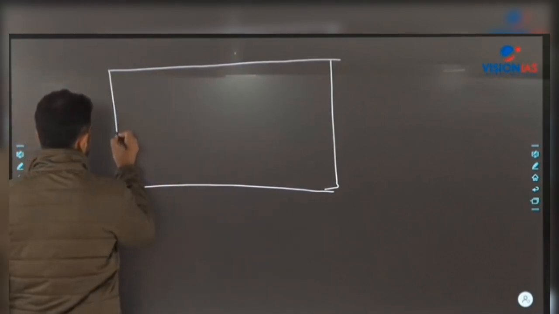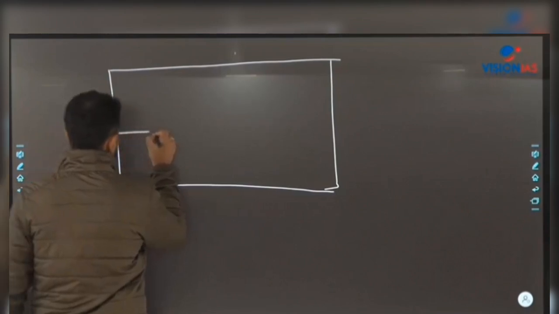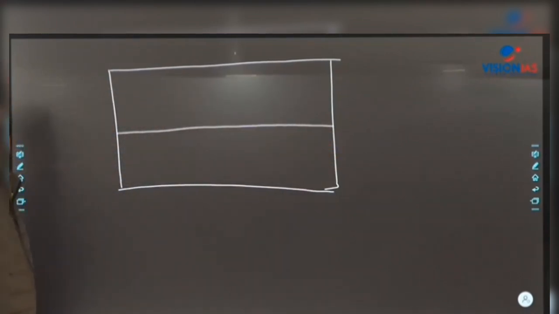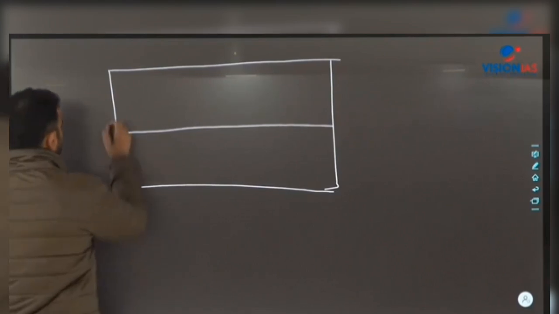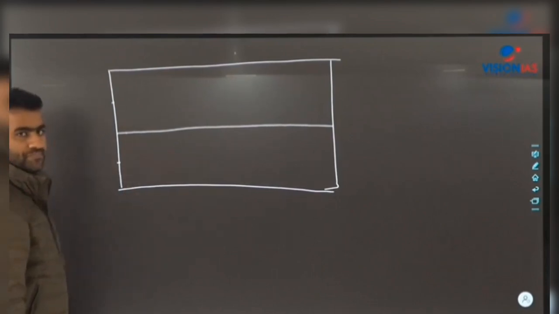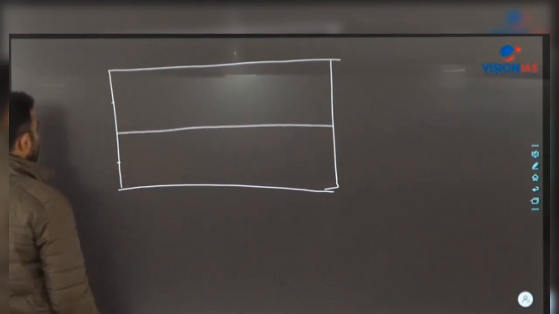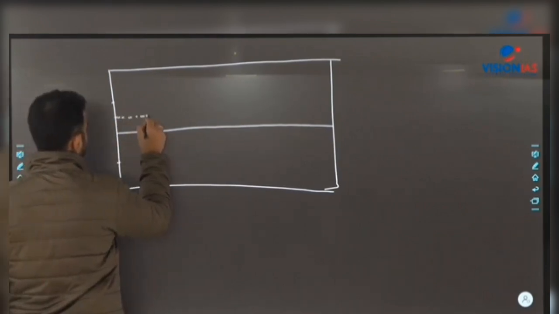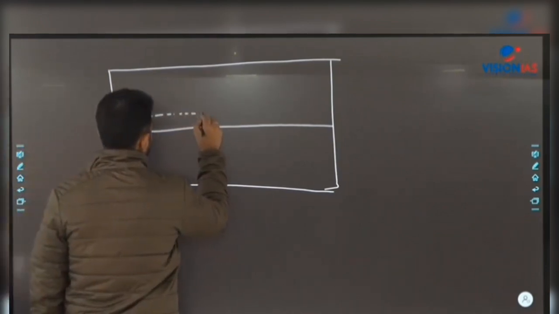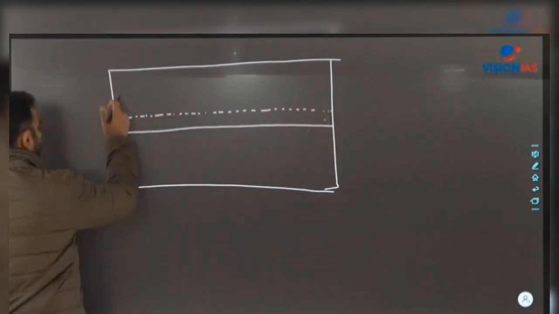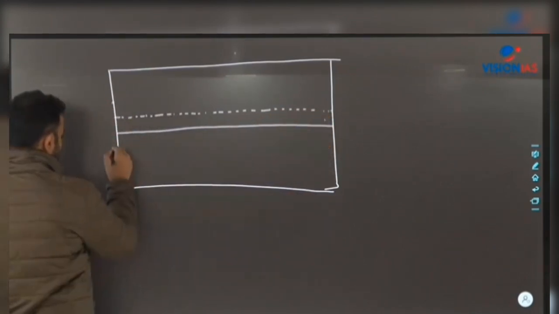Now the first thing, draw the equator at the center. Okay, the equator is done. Then mark exactly half. Mark exactly half, and then another half of that half. We have the Tropic of Cancer. Half of that, another half. This is the half portion.